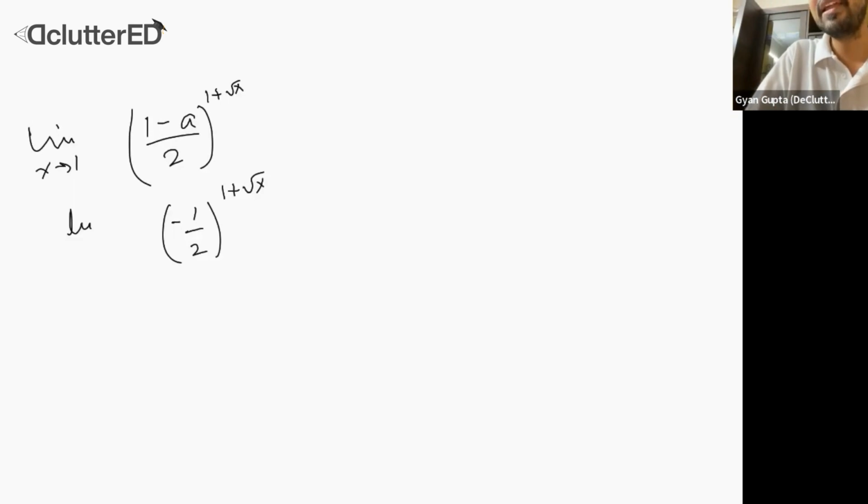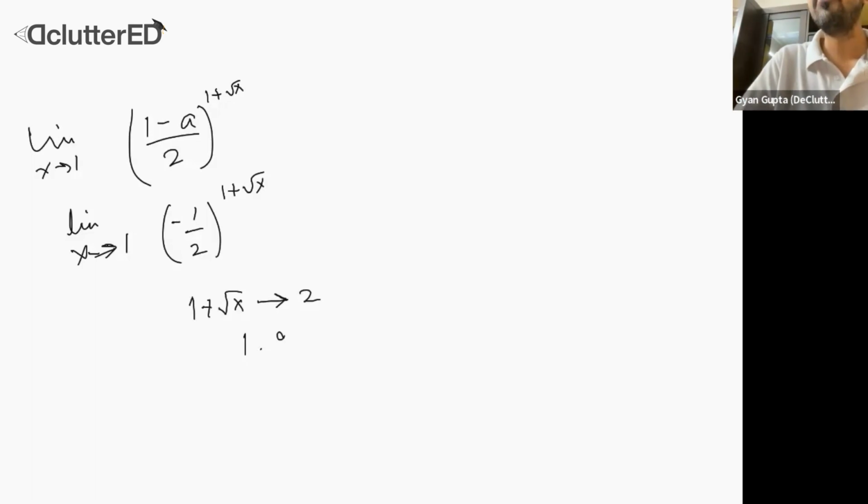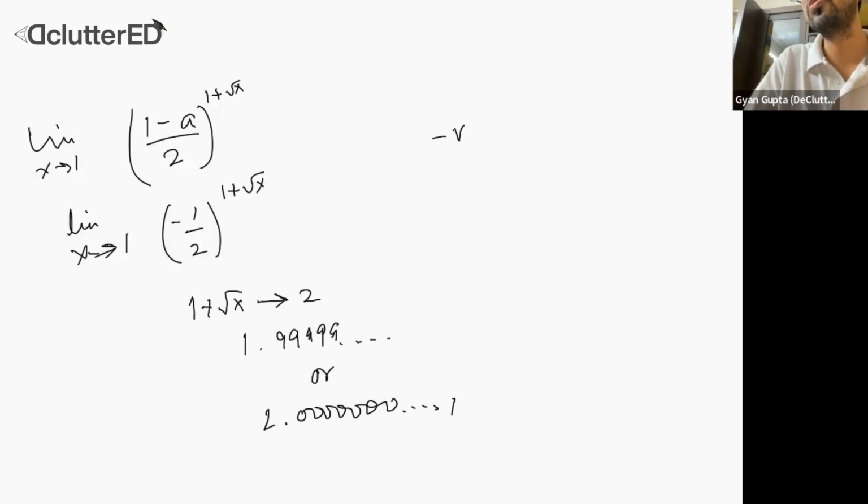That is, it can be 1.9999999 and so on, or it can be 2.000000001. And for such powers, negative to the power 1.9999999 is not possible, or negative to the power 2.0000001 is again not possible.